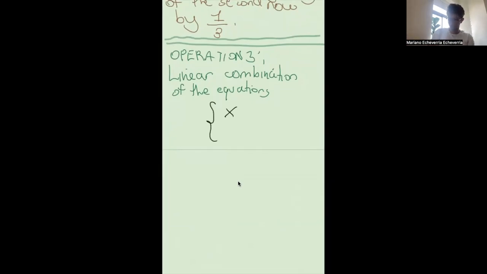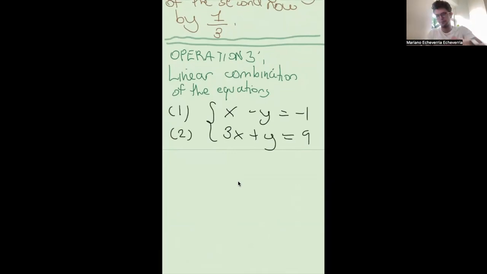So let me go back to our favorite system of equations, which is this one. Let's call these equation 1 and equation 2. You'll see this especially tomorrow, because tomorrow we'll spend a lot more time solving systems of equations.